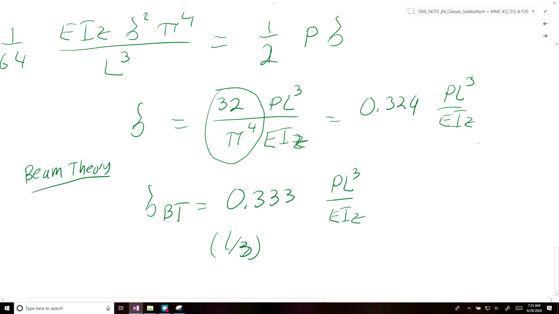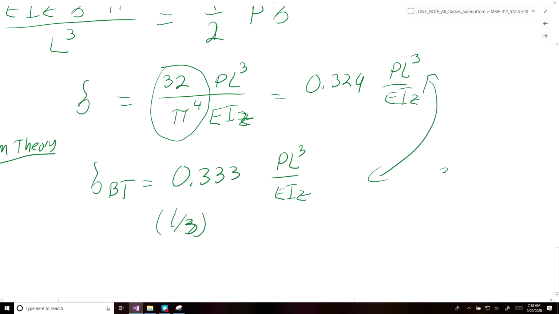All right, so the difference between these two is about 3% different. Okay, so it's pretty good solution relatively, considering we just took an educated guess on what we thought the shape of the beam would be as a function of x based off the boundary condition.